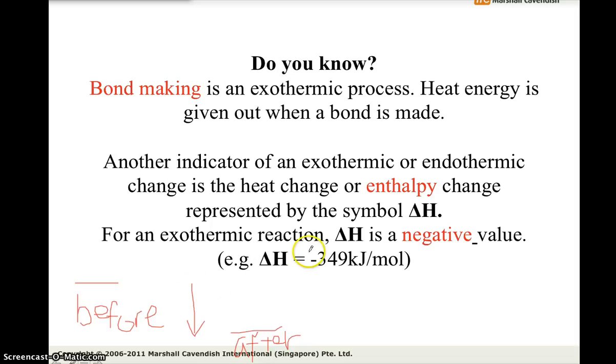So this value is a negative value. Delta H is a negative value, because it's going down, heat energy is given off.